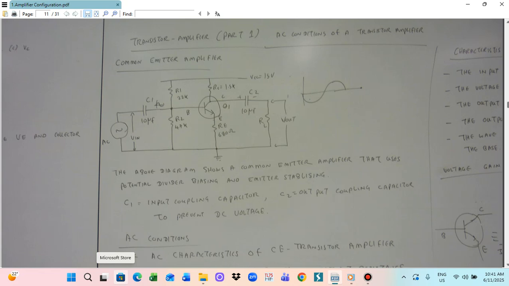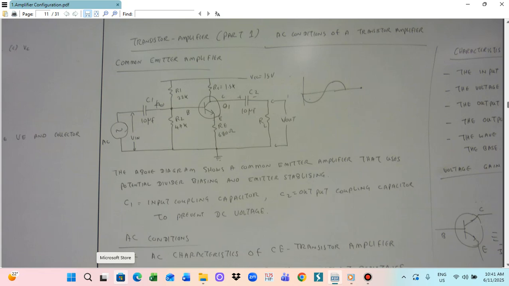Many disruptions can happen because the output signal is not proportional to the input signal. In this case, it can undermine the amplification. Therefore, capacitors C1 and C2 are important to block the undesirable DC voltage. So this is the way we construct it.